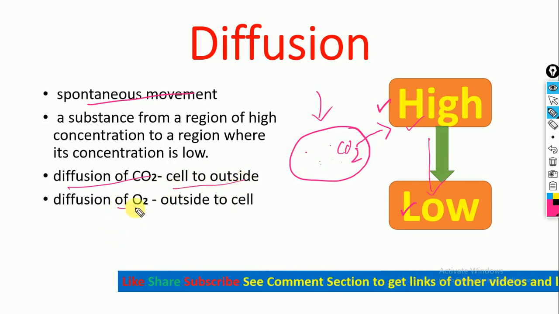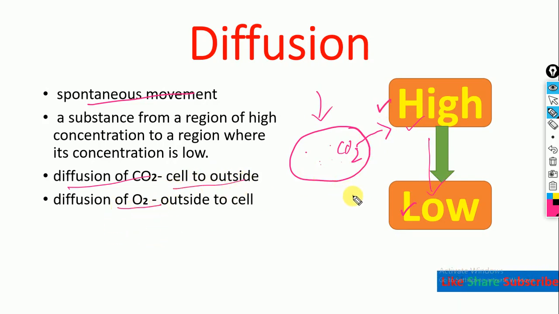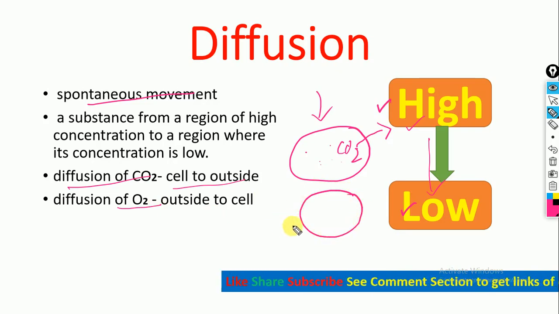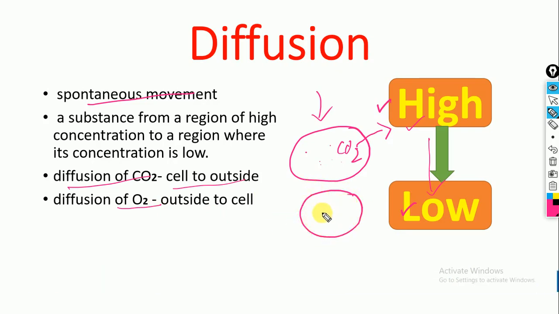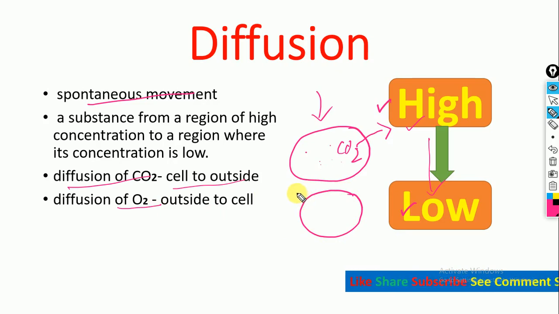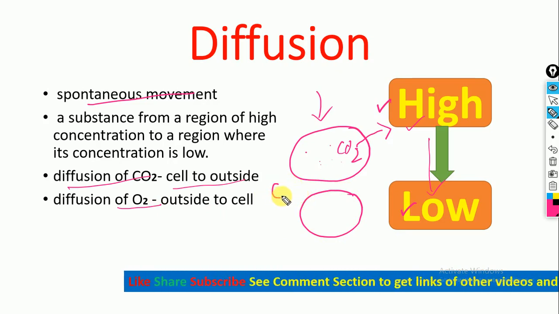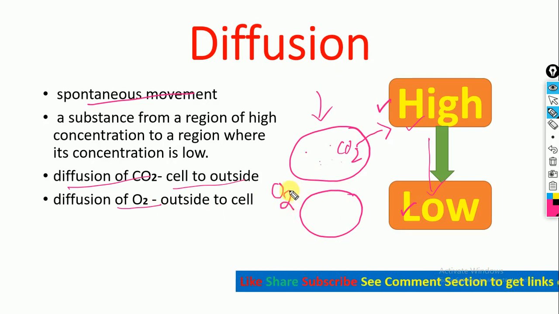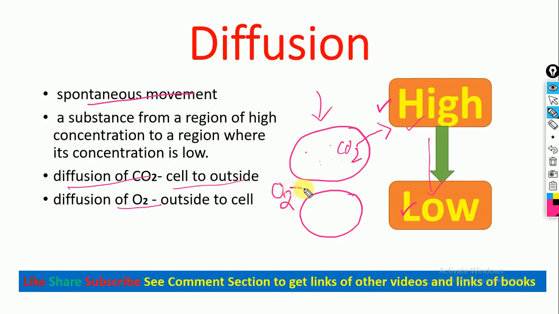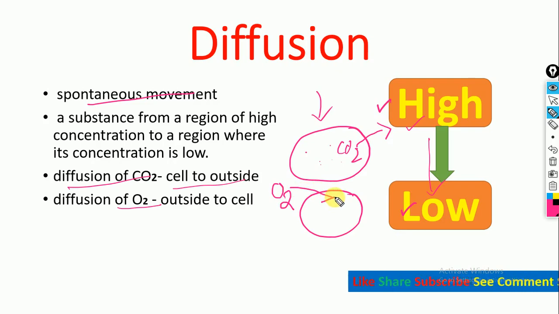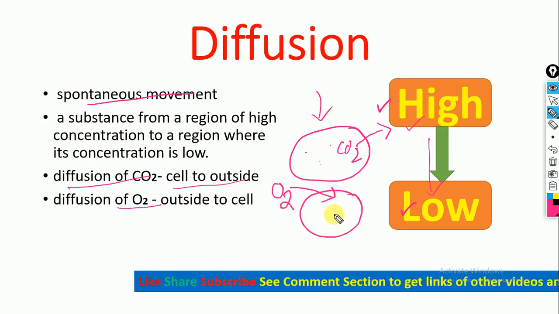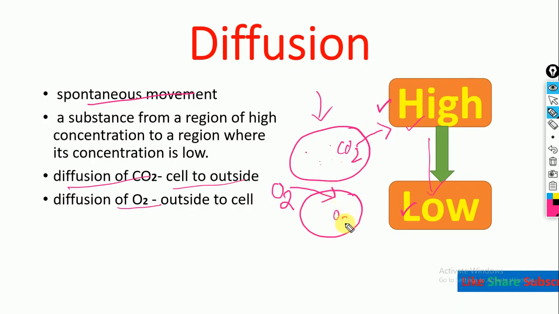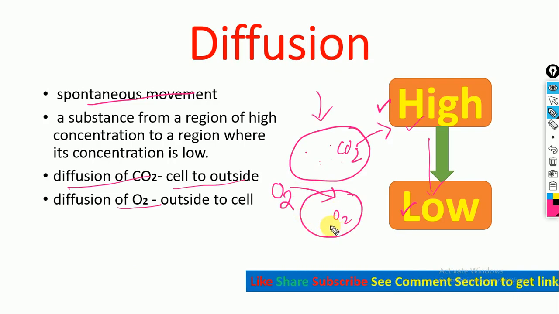Now diffusion of O2. In the process of respiration, where the breakdown of food occurs within the cell, O2 concentration is more in the outside environment than within. So it will definitely move from high concentration to low concentration, because here the concentration of O2 is less and CO2 is more.